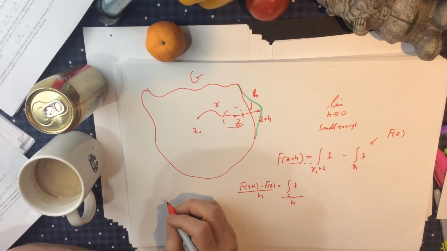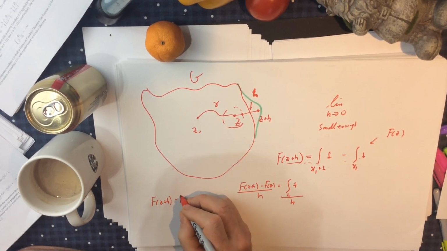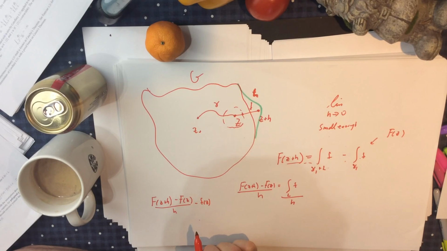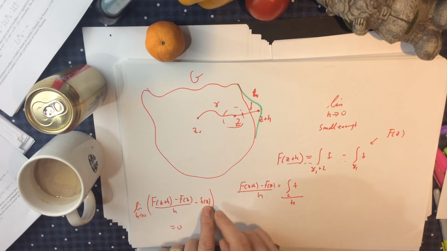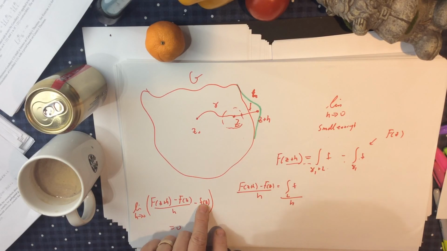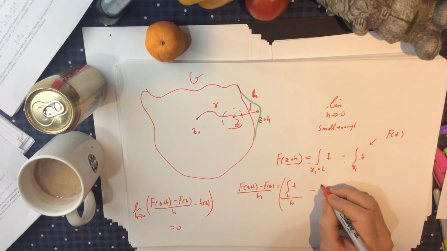I'm going to do another trick. I'm going to do the following. I'm going to do F of z plus h minus F of z over h, minus f of z. Now that is what I want this limit to equal, because I want that capital F to be an antiderivative. So if I take the limit of this and get 0, and since that's constant, z doesn't move, I'll just prove that that limit equals that. So now I'm going to subtract off from this f of z.